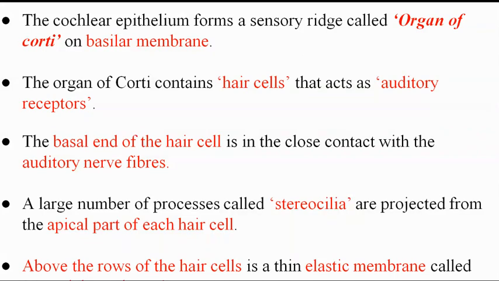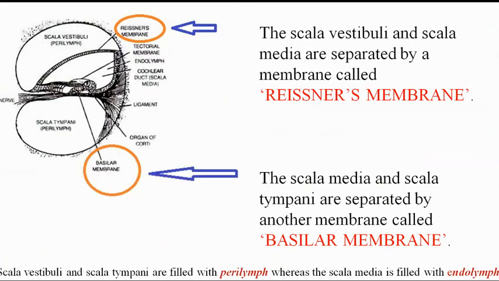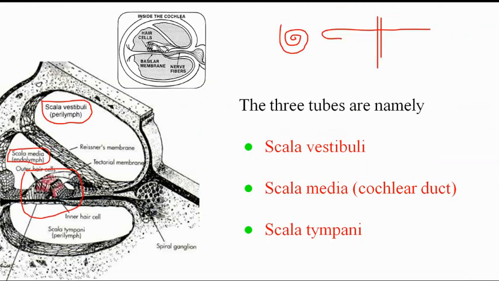The first thing we should know is that in the middle tubular part of the cochlea, which is called the scala media or the cochlear duct, we see a structure called the organ of Corti. Here we can notice the presence of a structure over the basilar membrane.